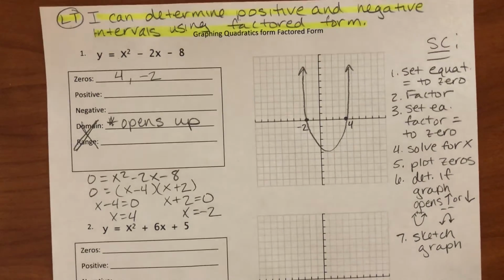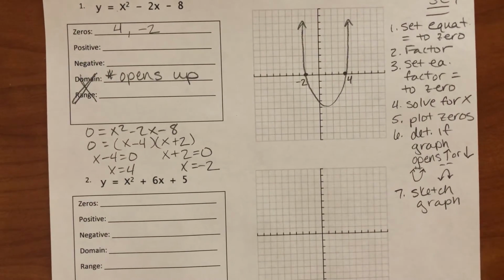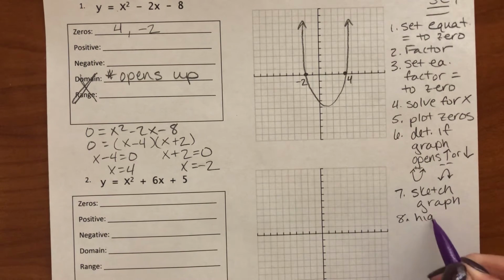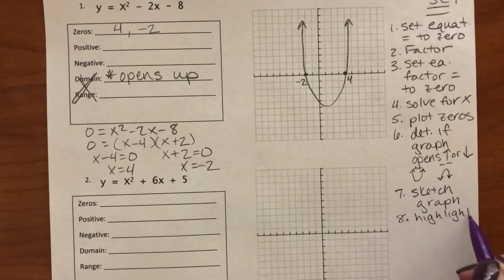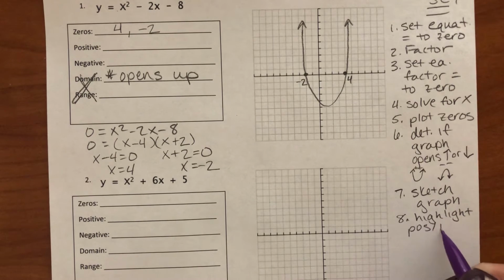Okay. So taking it just one step further, and now we're going to find positive and negative intervals. So I want to highlight my positive and negative intervals.